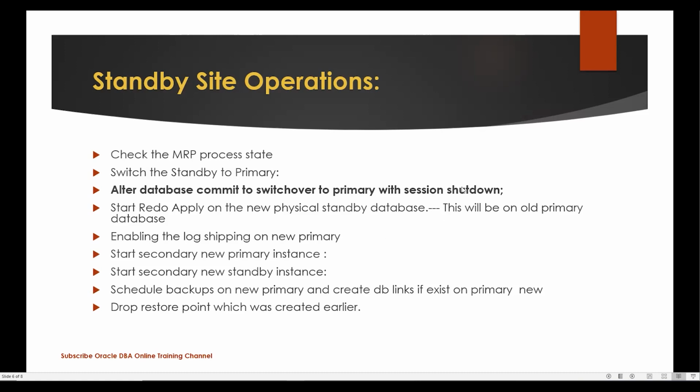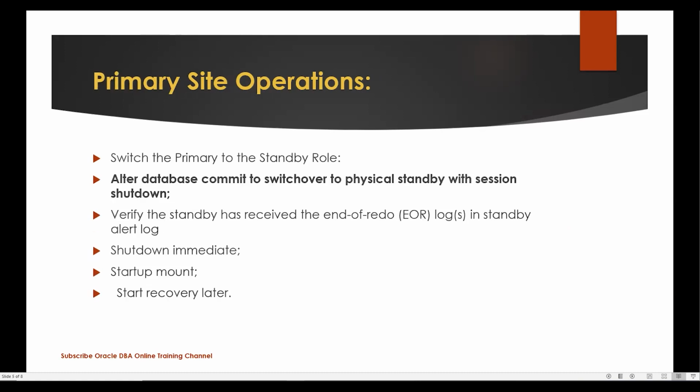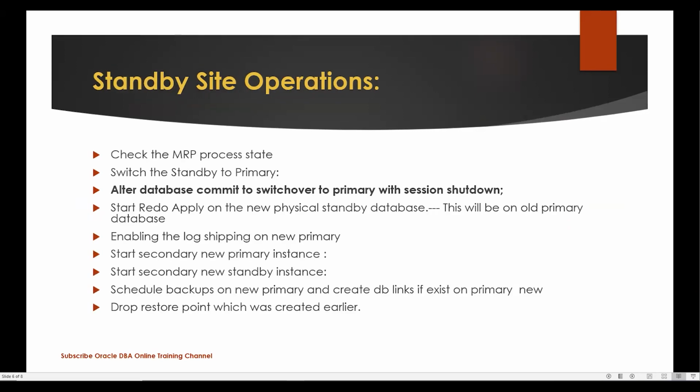The option session shutdown means no further login will be allowed, and all the existing sessions will be cleared out. And then start the redo apply on the new physical standby database, which is your old primary database.